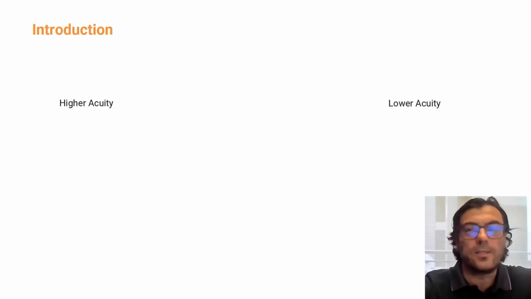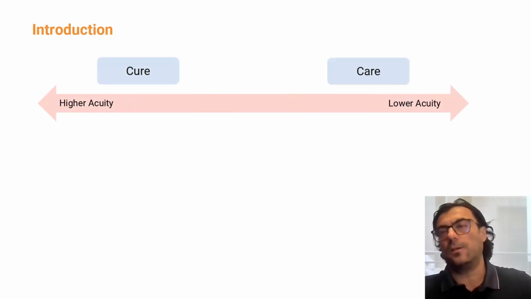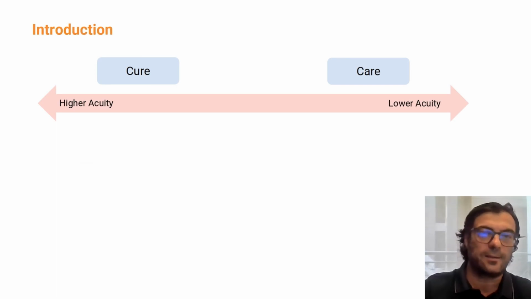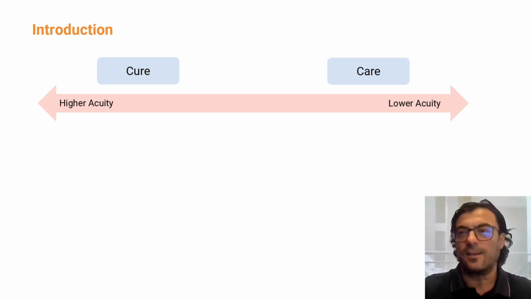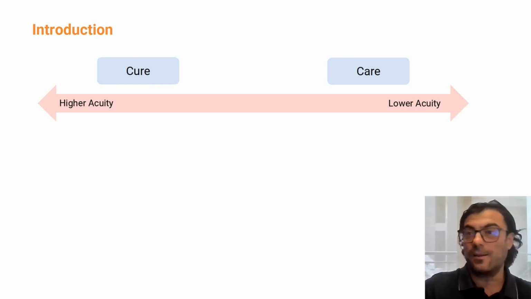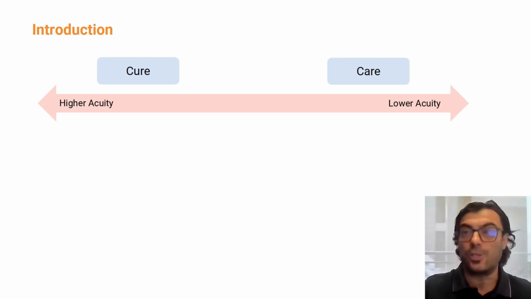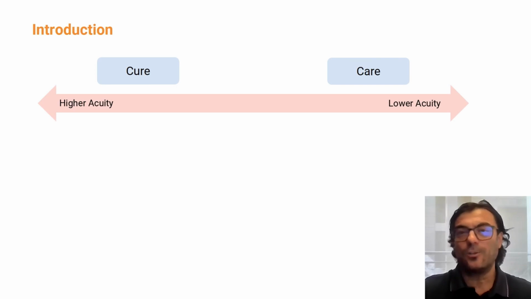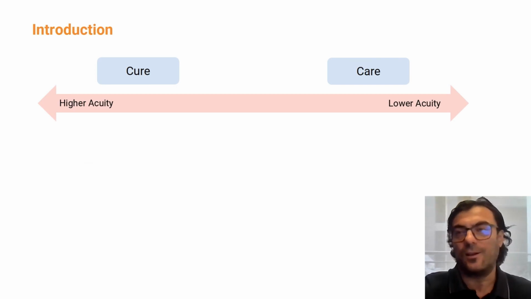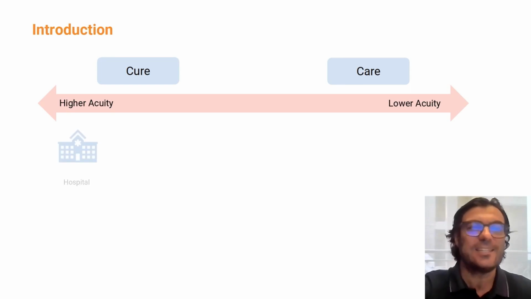So, to understand the healthcare sector, we need to have an ideal spectrum of healthcare services, which can go from higher acuity, when a cure is needed, to lower acuity, where care is needed.